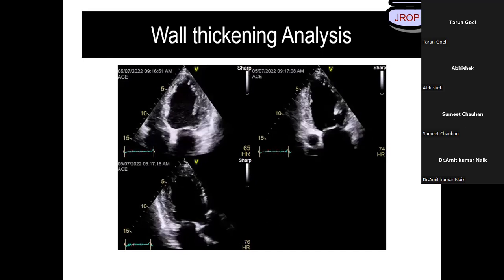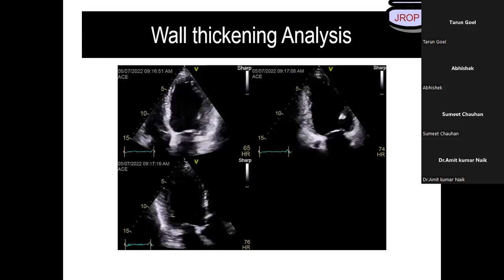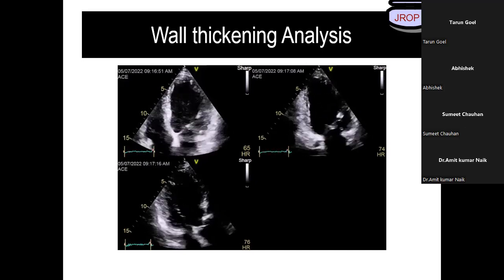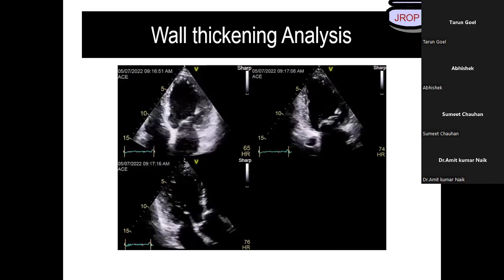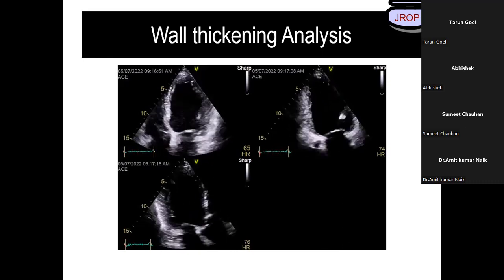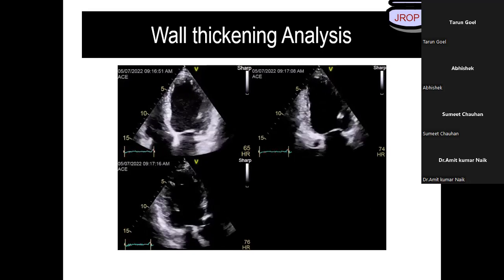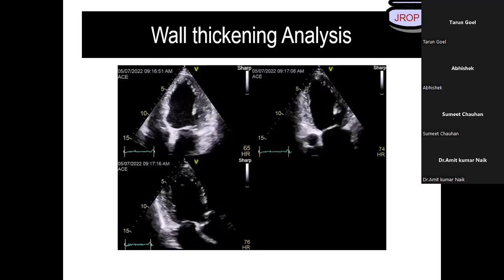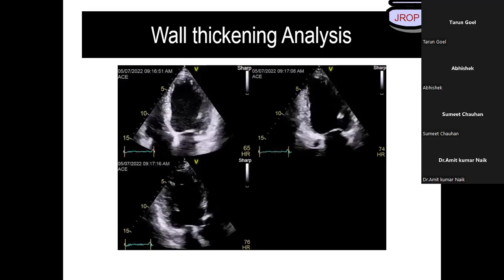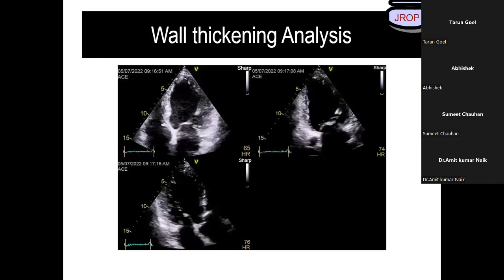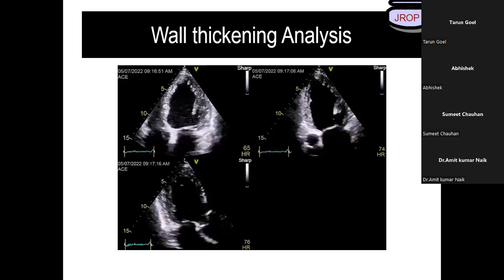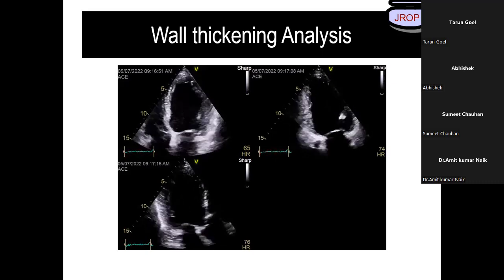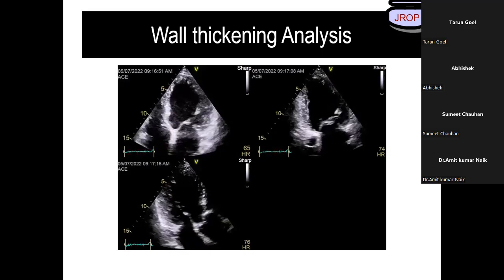In 2 chamber view, the anterior wall is moving normal, but in inferior wall, mid and basal inferior wall is hypokinetic. And in 3 chamber view, sir, it is normal. So what coronary artery involvement would be there in this? Sir, it will be RCA.